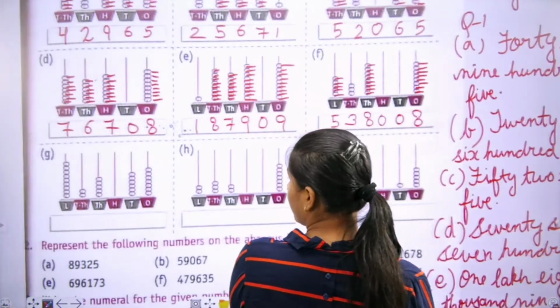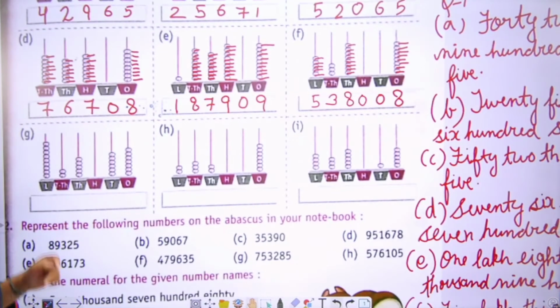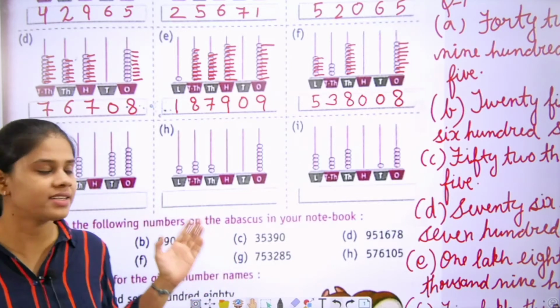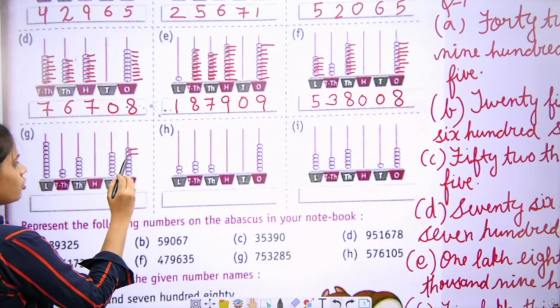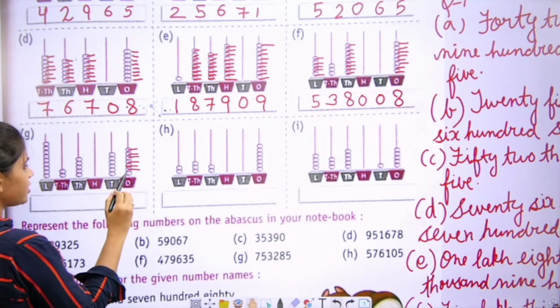Now move to the next part, that is G. Let's start again from ones, tens, hundred, thousand, 10,000, lakh. From where will we start? From the right hand side, that is ones. 1, 2, 3, 4, 5, 6, 7.